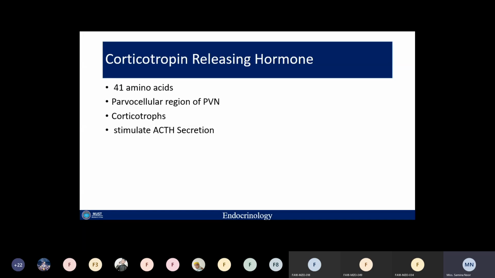And the regulation of ACTH, controlled by the corticotropin releasing hormone, is through a negative feedback mechanism. So that's all for today.